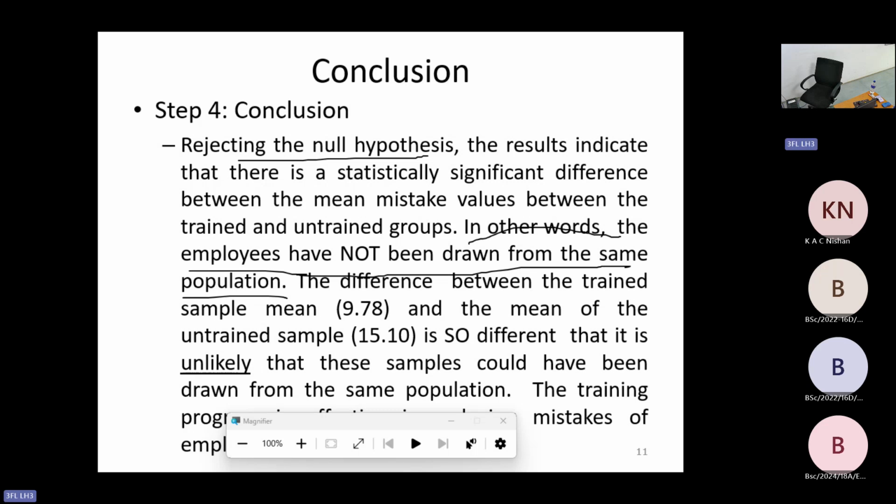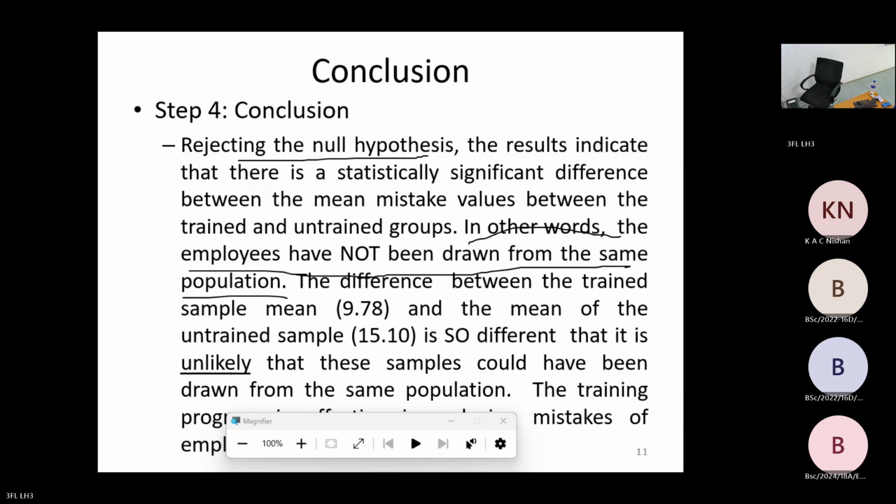So what you are going to do is a sample test. For that, you take 2 groups, the trained group and the untrained group. You also call them what? The experiment group and the control group, or the treatment group and the control group, right? Then we put 9 employees into the training group and 10 employees into the control group, the untrained group. That's what we did initially.